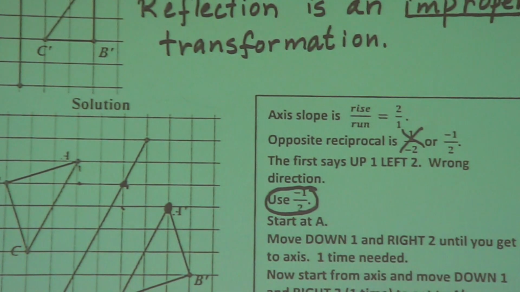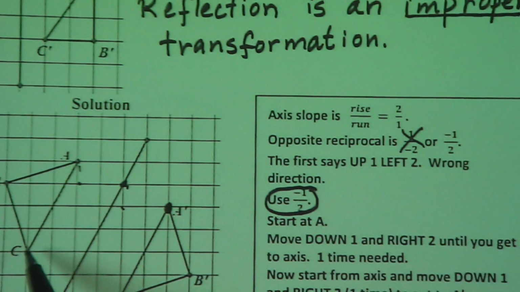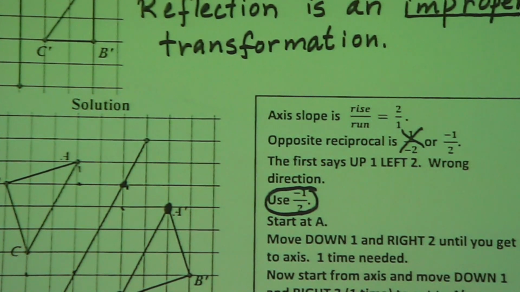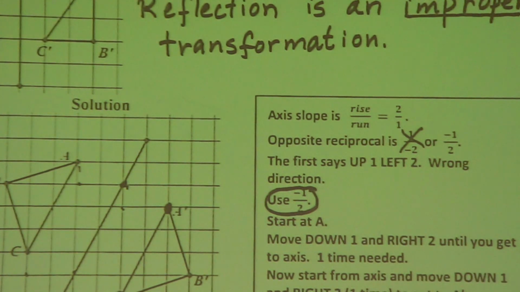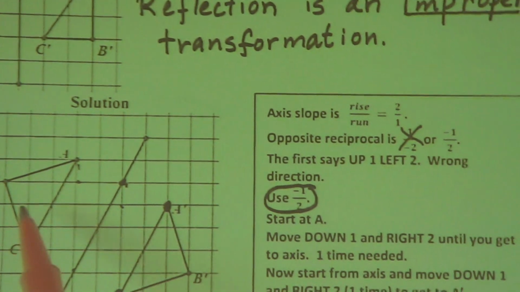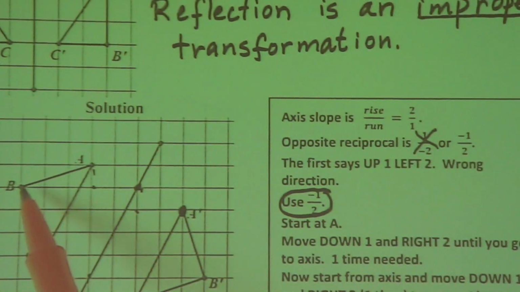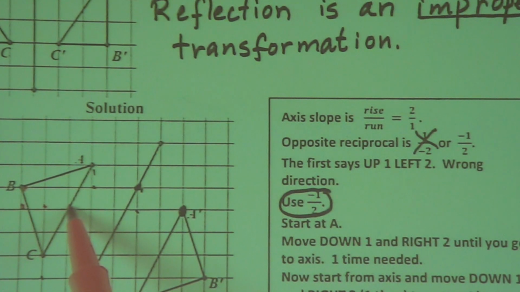Let us do the same for C. Down 1, 2 to the right. Down 1, 2 to the right. And then we will do the same thing for B. So for B, here is B. Go down 1, 2 to the right, down 1, 2 to the right.